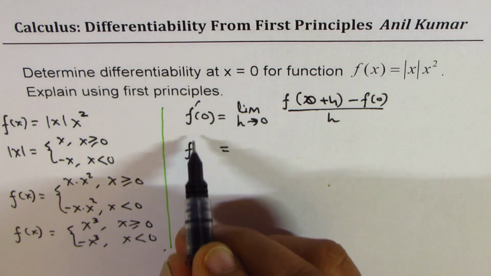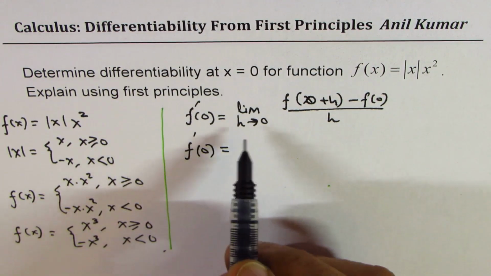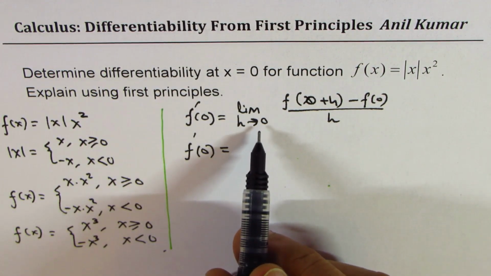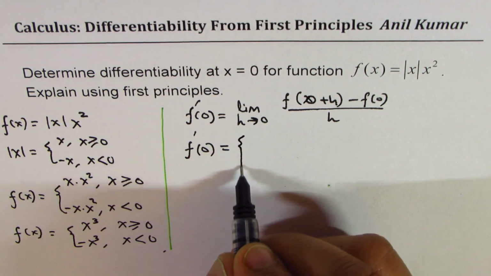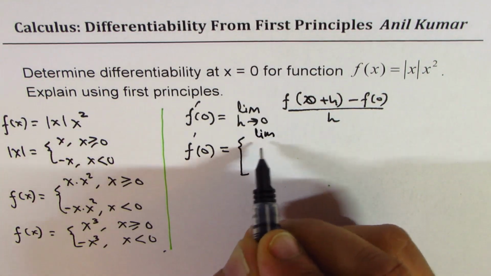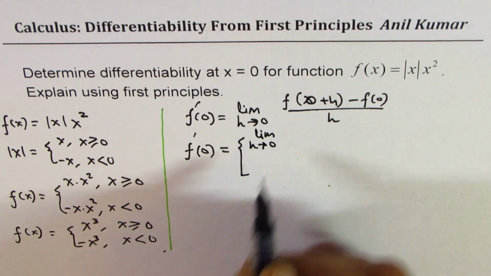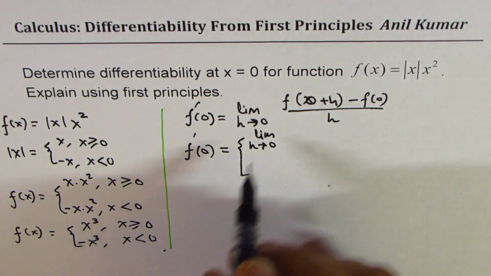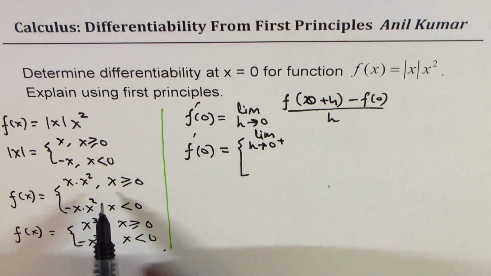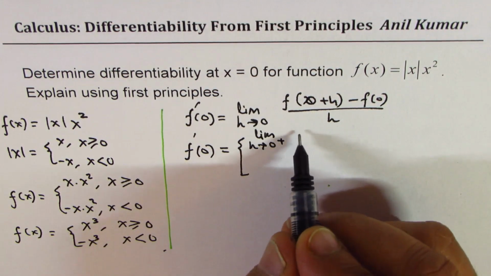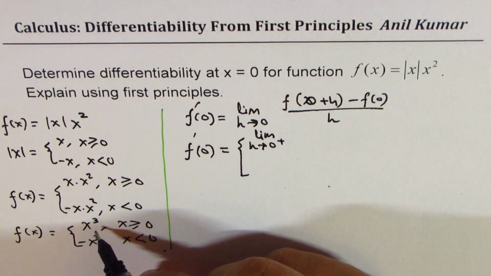So we'll now write this function as a piecewise function, since the limits from left and right could be different. So we'll write this as limit h approaches 0 from, let us say, the right side, since I took greater than or equal to 0 first, taking the positive value of x cubed.